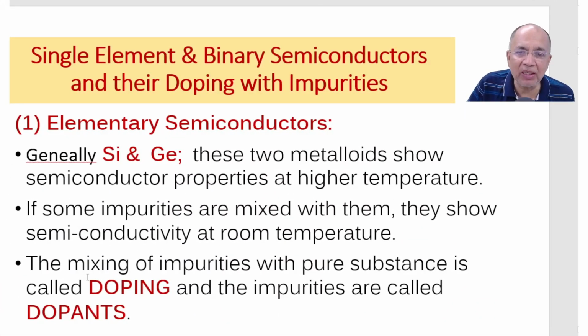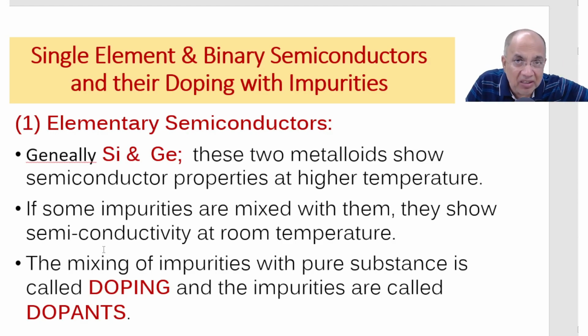Already I have told you there are two types of semiconductors. It can be elementary, made up of a single element like silicon or germanium. But if these pure semiconductors, which act as an insulator at room temperature, are mixed with some impurity, then they become conducting and become a semiconductor at room temperature.